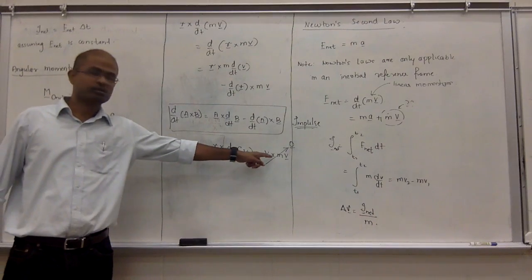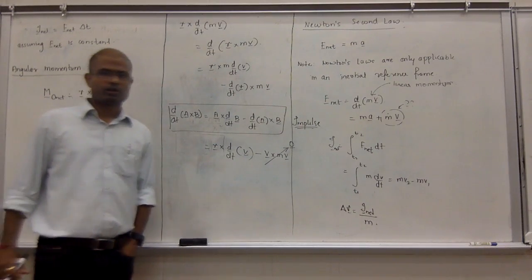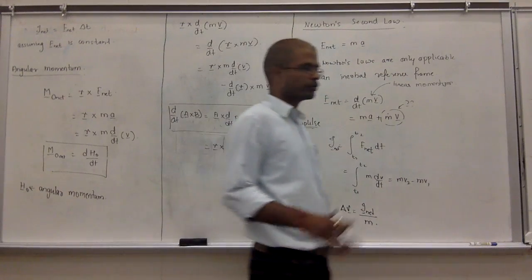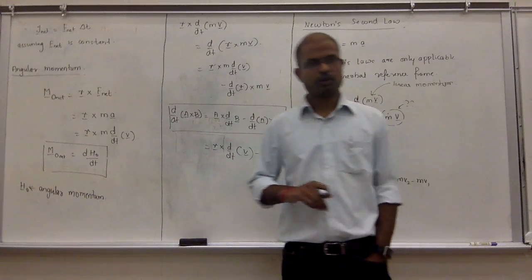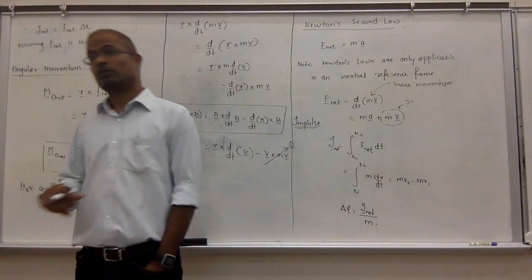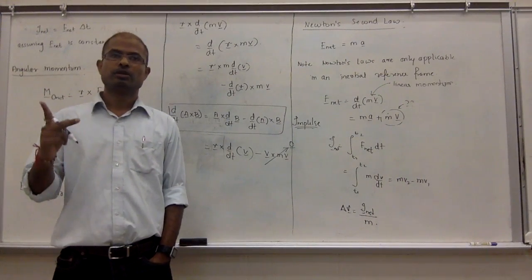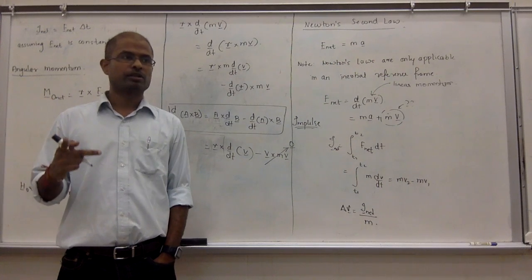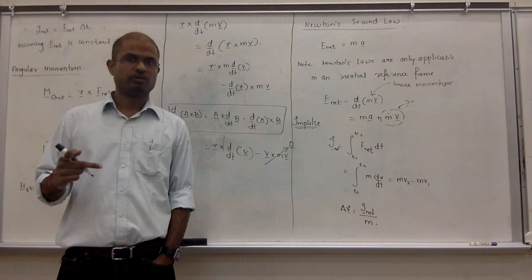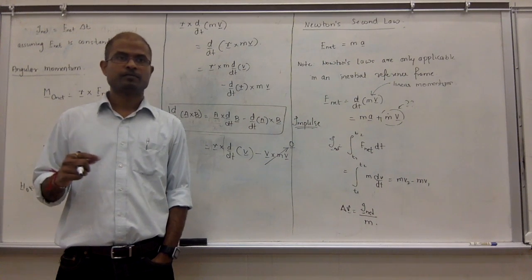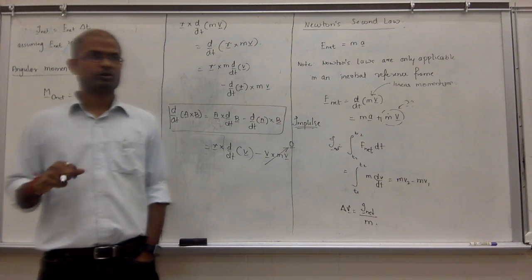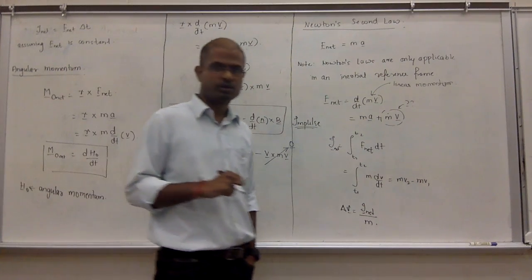So that is the reason this is 0. The cross product of parallel vectors is always 0 because of the sine theta term. The dot product of orthogonal vectors is 0 because there is a cosine theta there. Cosine of 90 is 0.